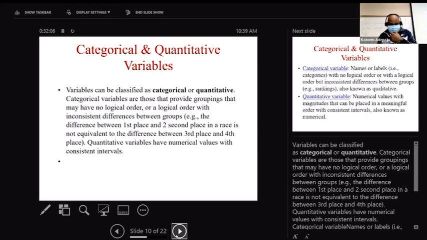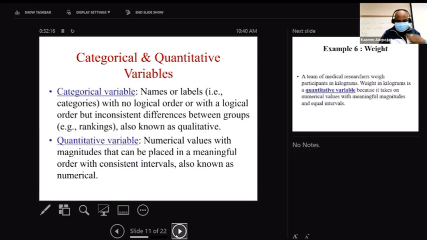And of course, the quantitative variable has numerical values with consistent intervals, which we're still going to talk about. I think I gave more examples of categorical variables: names or labels with no logical order, or with a logical order but inconsistent differences, like rankings of universities. They're qualitative in nature and not quantitative.